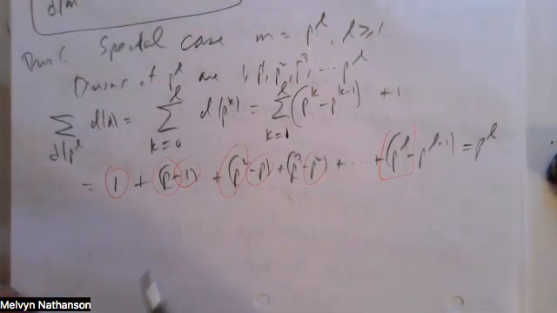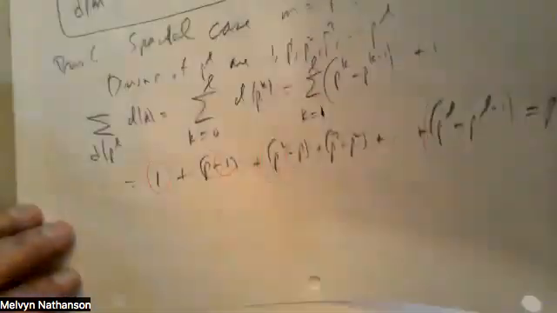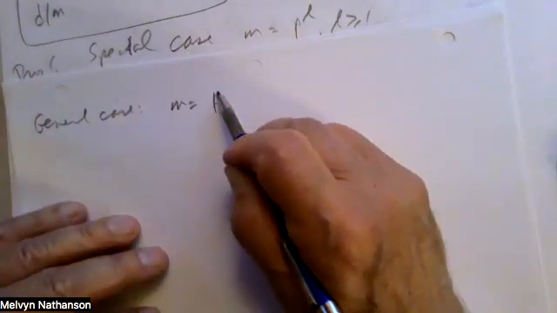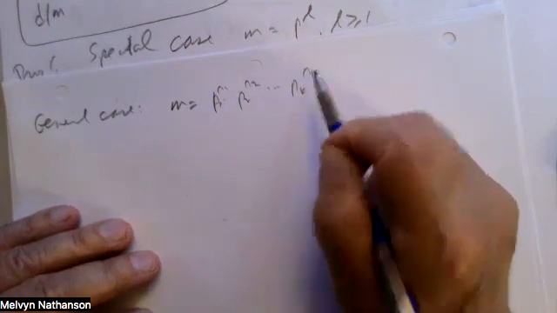But what about the general case? The general case is m is some product of prime powers, say p1 to the r1, p2 to the r2, up to pk to the r sub k.